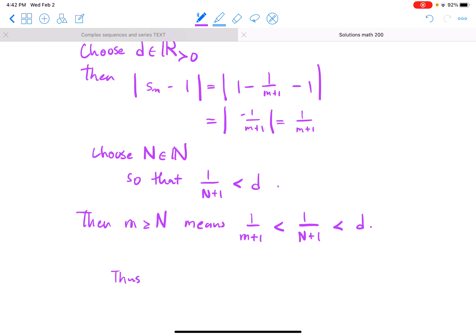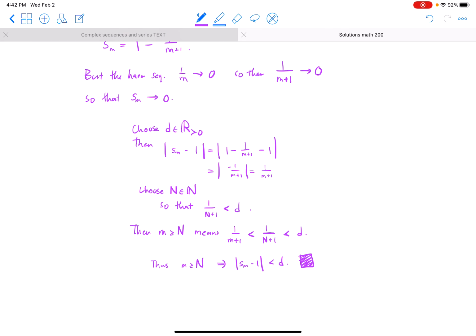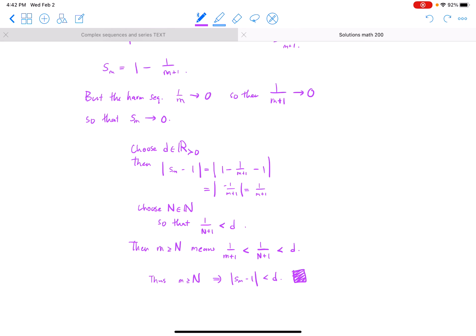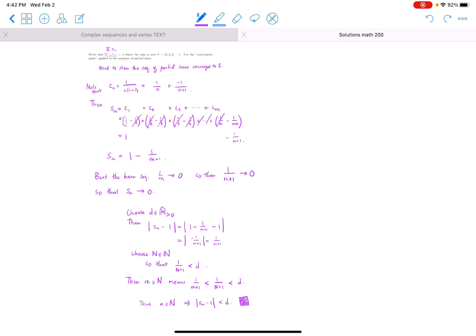Thus, m greater than capital N implies that S sub m minus 1 is less than D, and we are done with our proof. The sequence converges to 1, and we used the convergence game. Here was sort of like why we knew that this was going to work. We're essentially doing the convergence game for the harmonic sequence again.